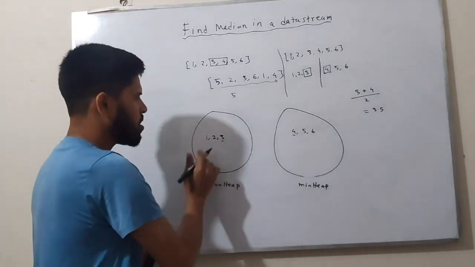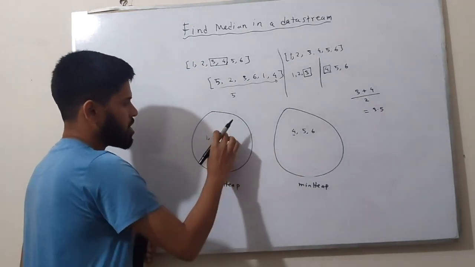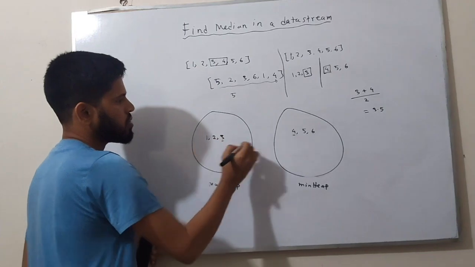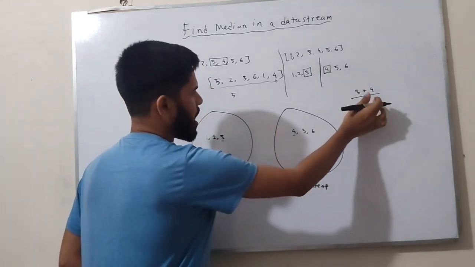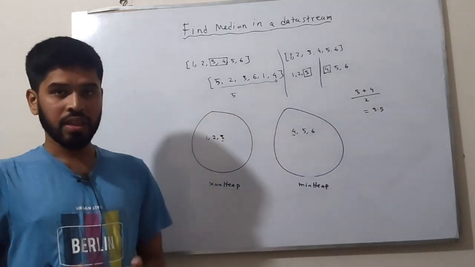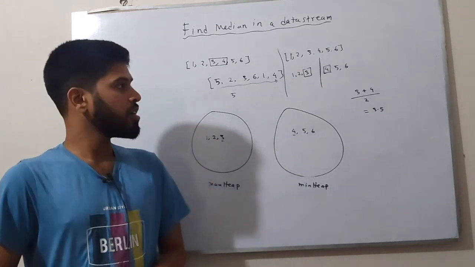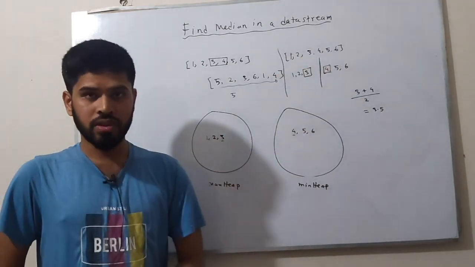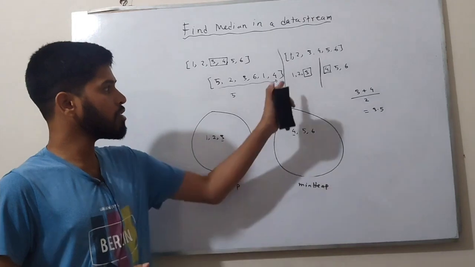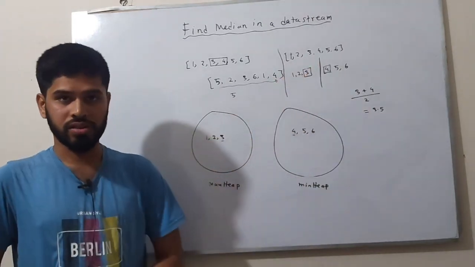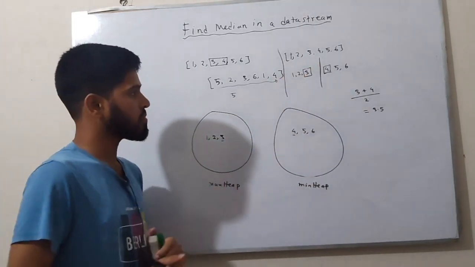So we can find the median by taking the peek element from here, 3, and the peek element from here, 4, and averaging to get 3.5. This is the case when the length is an even number. It will work exactly like this.